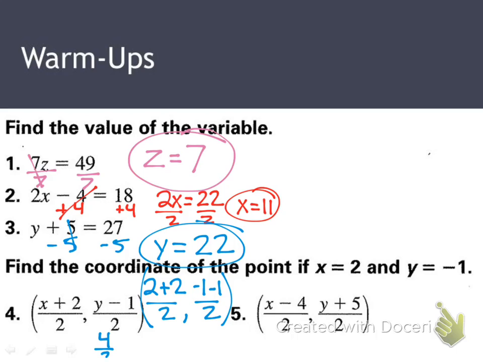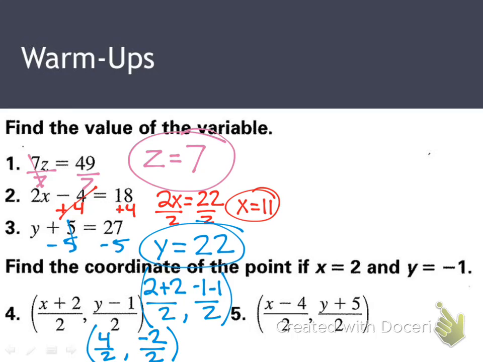So I have 4 over 2. What is negative 1 minus 1? I was already in the negative. I'm going more into the negative. Negative 2 over 2. Now you can simplify both of those.